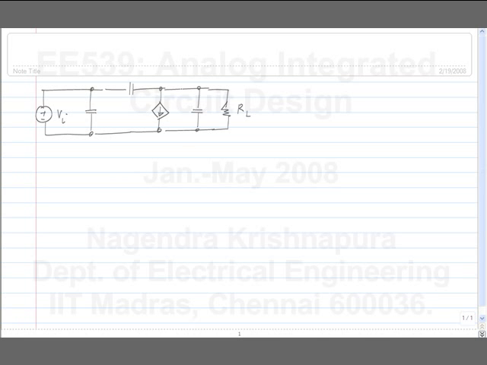There is RL, and then the MOS transistor has a certain GDS and GM, and parasitic capacitances CGS, CGD and CDB. Our output is the voltage across RL.